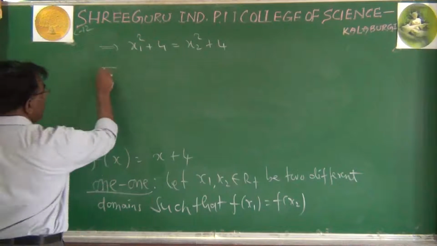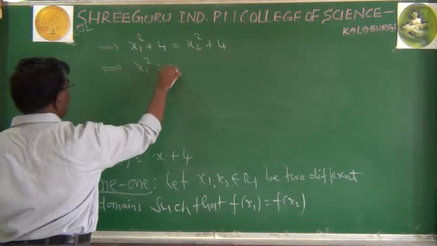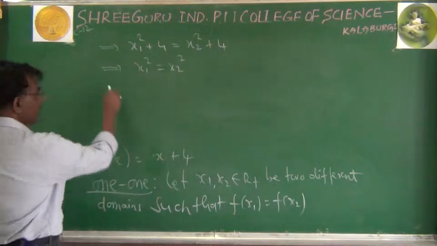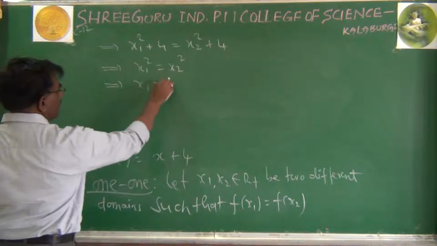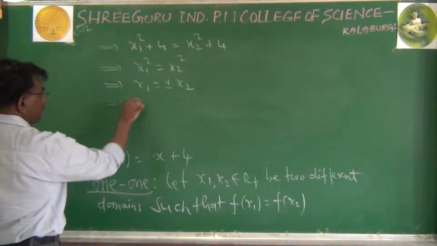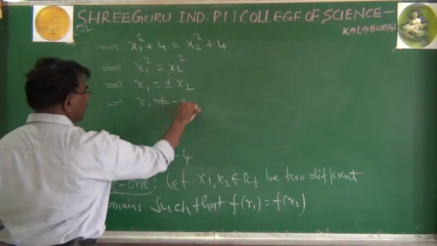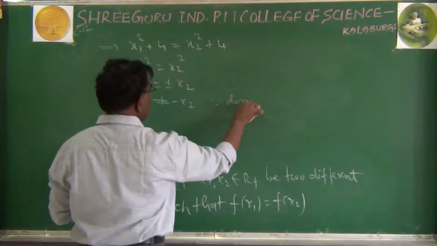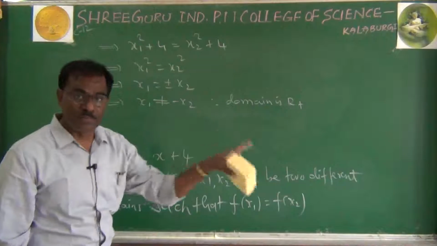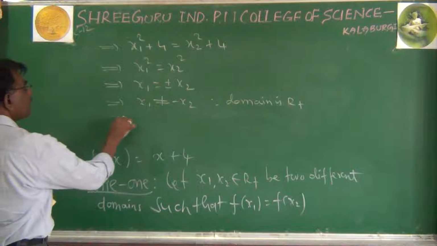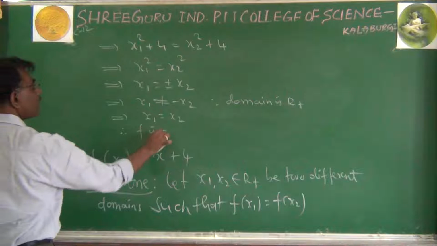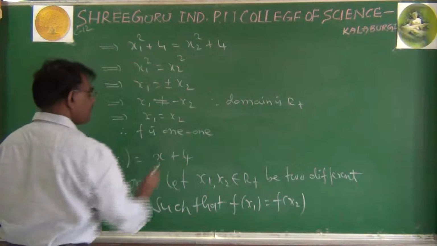It implies x1 square equal to x2 square, the 4 cancels. x1 equal to plus or minus x2. x1 is not equal to minus x2 because the domain is R plus, only positive real numbers. Therefore x1 equal to x2. Therefore, f is one-one. Very, very simple.